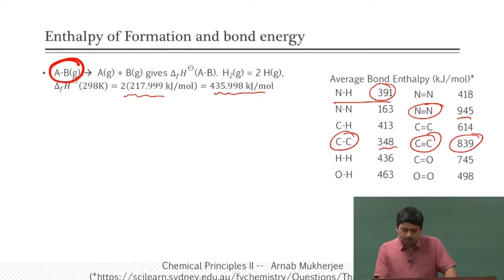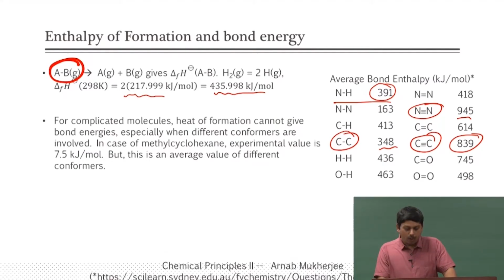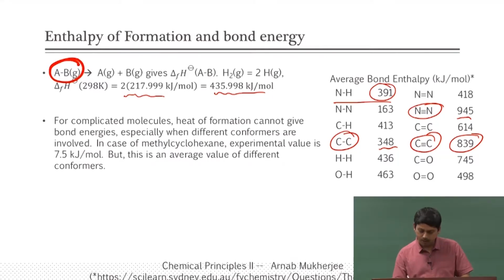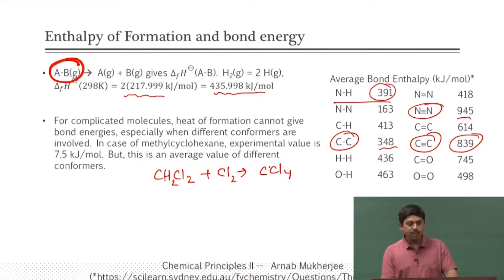Okay, so for complicated molecules this bond energy calculation will be very difficult. For example, if I talk about CHCl3 going to CHCl2 plus Cl, or let us say CH2Cl2, or CCl4, we have to understand all the other connectivity that is there.